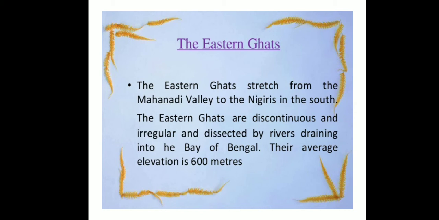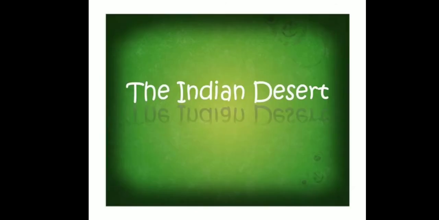The Eastern Ghats are discontinuous, that means they are separated from each other, and irregular and dissected by rivers draining into the Bay of Bengal. That means they are broken by the rivers that drain into the Bay of Bengal. Their average elevation is 600 meters.